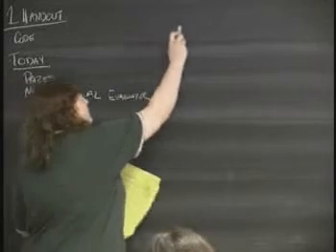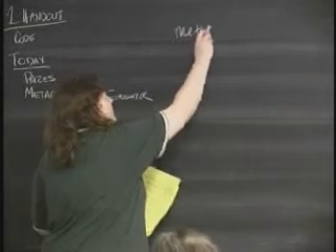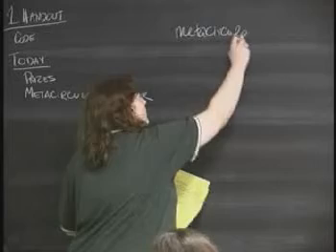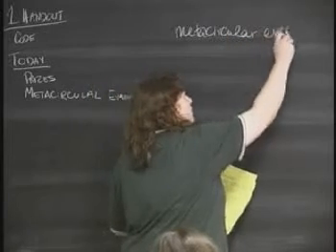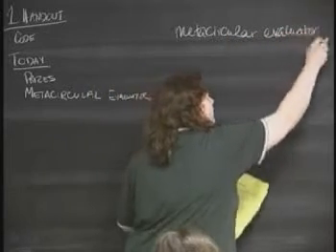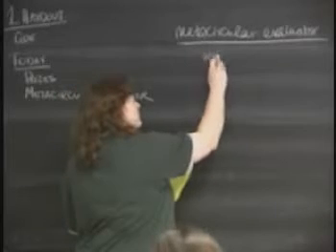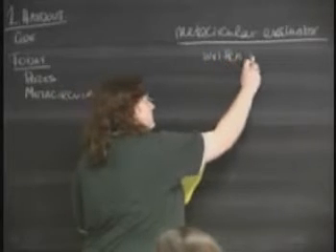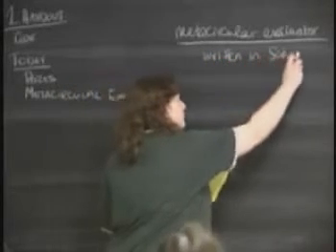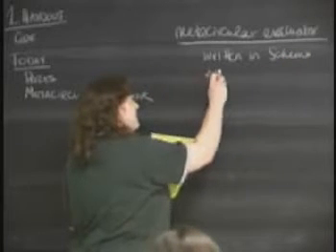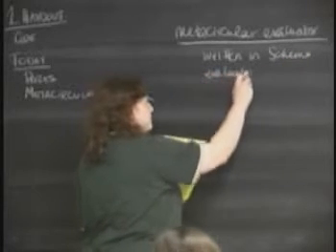Okay, so the metacircular evaluator is written in Scheme and it evaluates Scheme expressions.